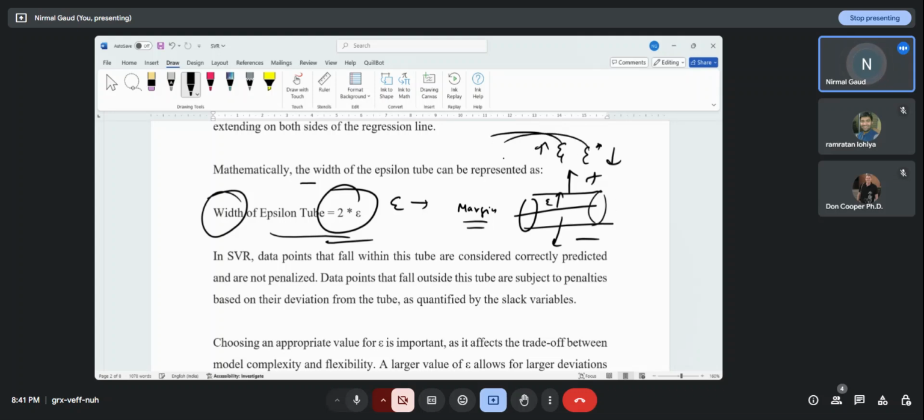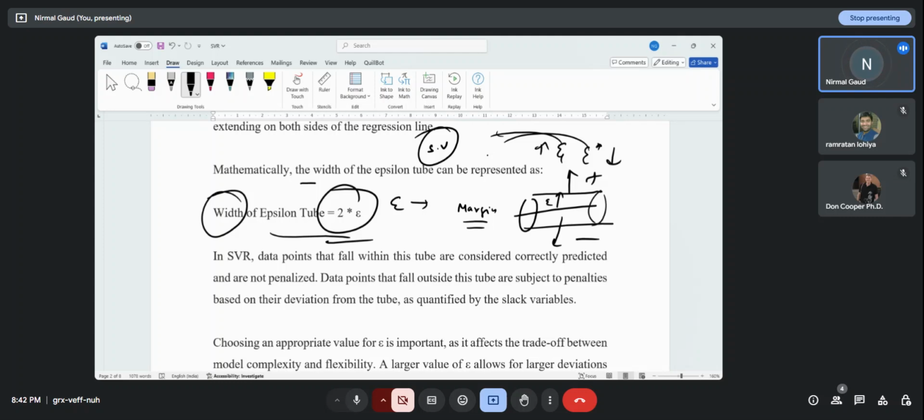And these slack variables, I think, are support vectors only, because in consideration of the support vectors, we are getting the width of the epsilon tube.